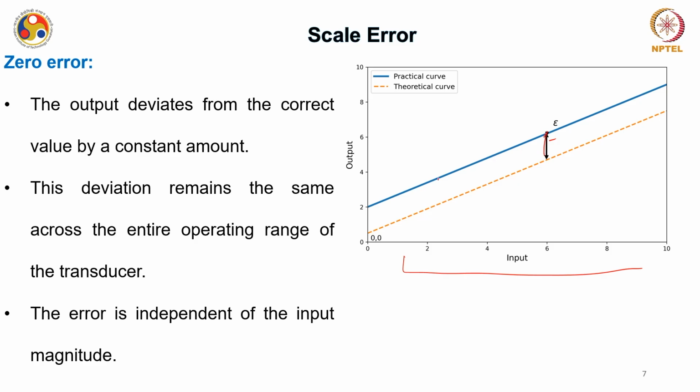At any point in this output versus input curve, you will find that there is a deviation with a constant amount. This deviation remains the same across the entire operating range, or the entire span, of the transducer. The error is independent of the input magnitude, be it say 2, 4, 6, whatever, you will have this error.